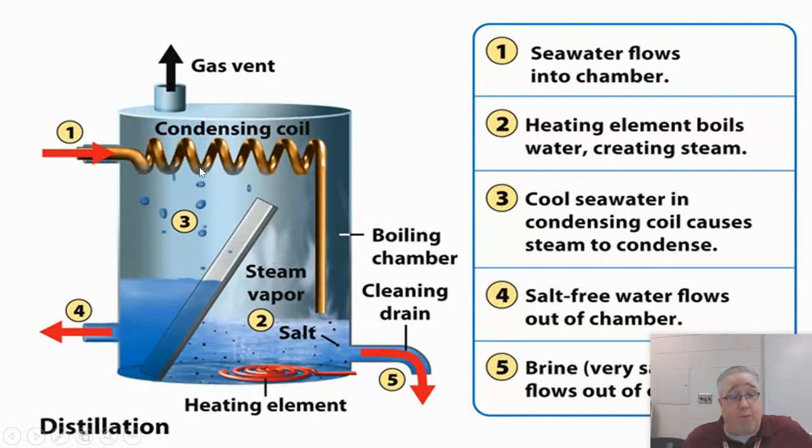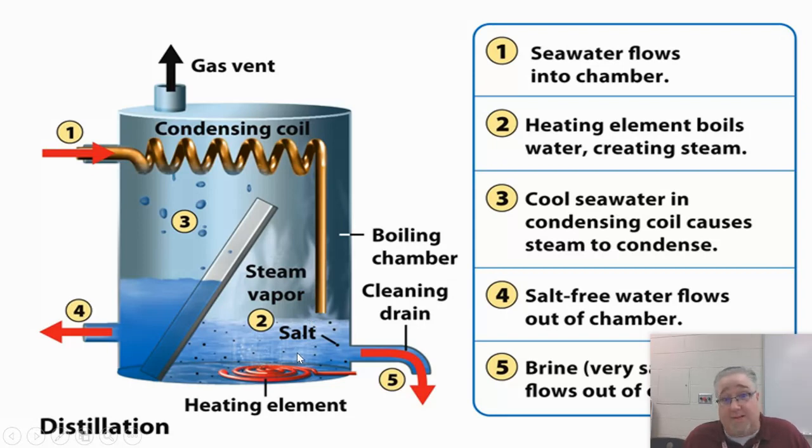And they have what they call a condensing coil, which is exactly what it says: it cools the water off. So this water will travel down this chamber, and there's a heating element.